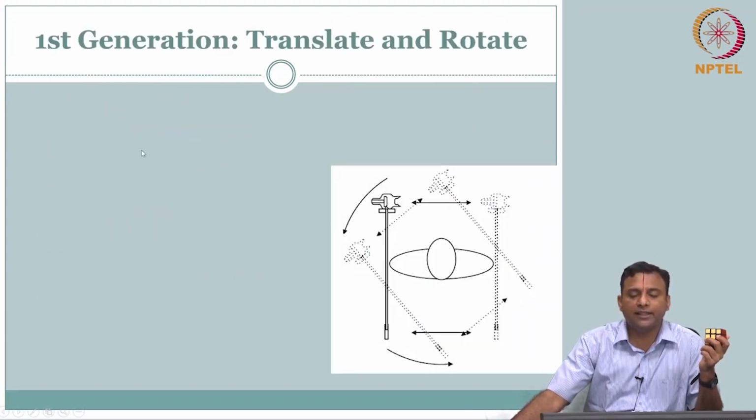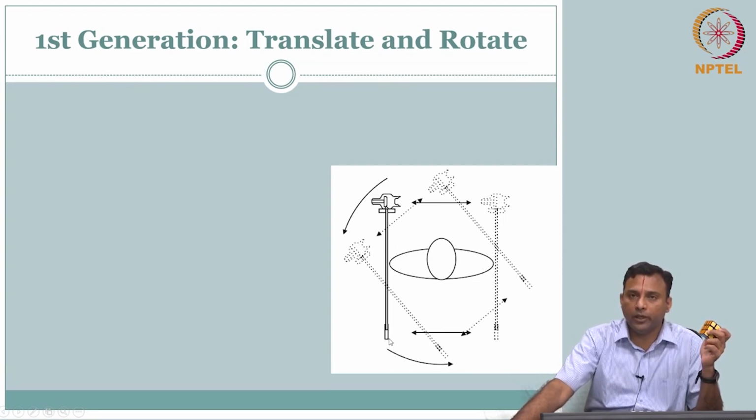Let me put up the first generation and give this proposition. So you have a patient that you want to image. You have the source on one side, the detector on the other side. So through transmission, what is slightly different here?